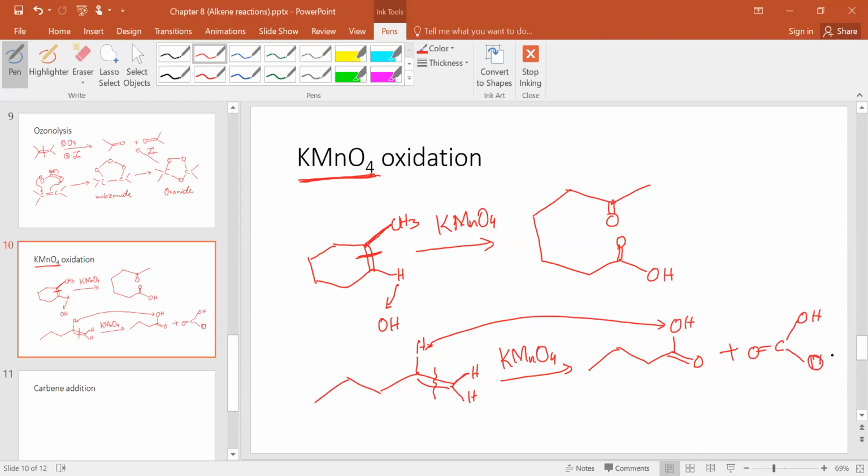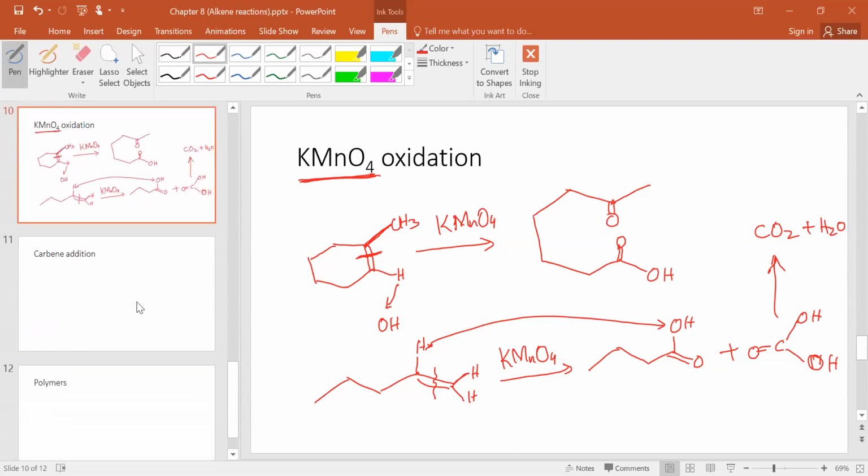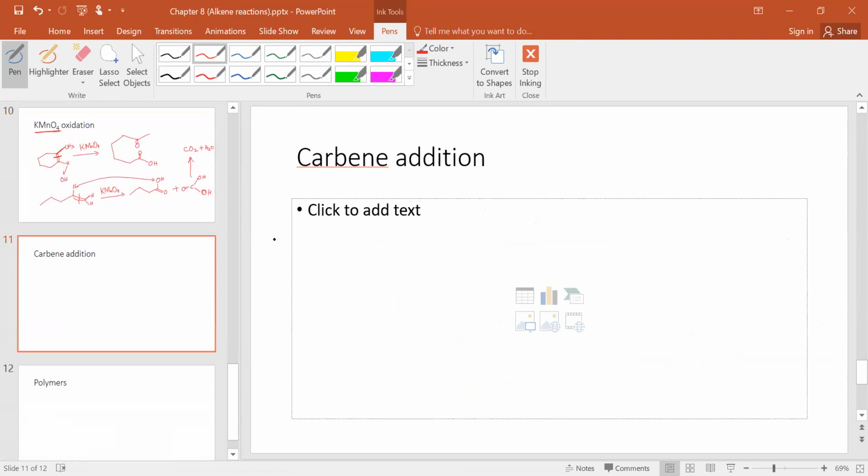This is nothing but bicarbonate. Bicarbonate decomposes to carbon dioxide plus water. So this is the same reaction that happens in the soda bottle that causes fizzing. Okay.